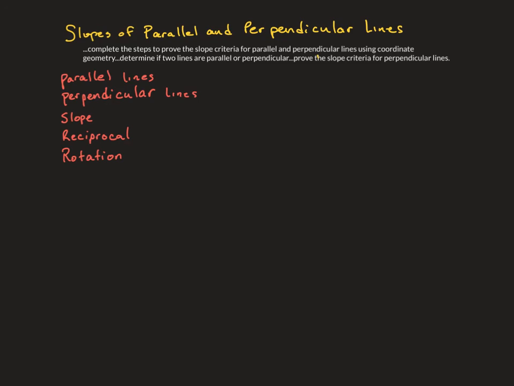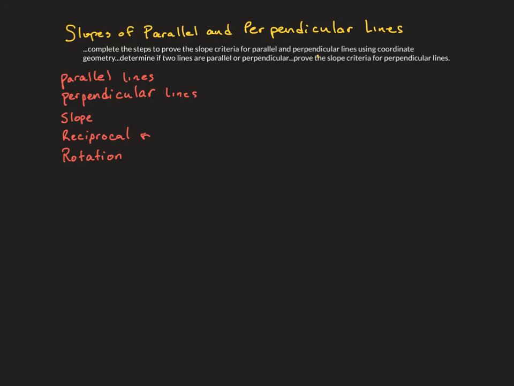Perpendicular lines have opposite, negative reciprocal slopes. And if we multiply the slopes of two lines we believe are perpendicular together, it becomes -1. And then, of course, remembering the wonderful mathematical term reciprocal, and being able to utilize that.